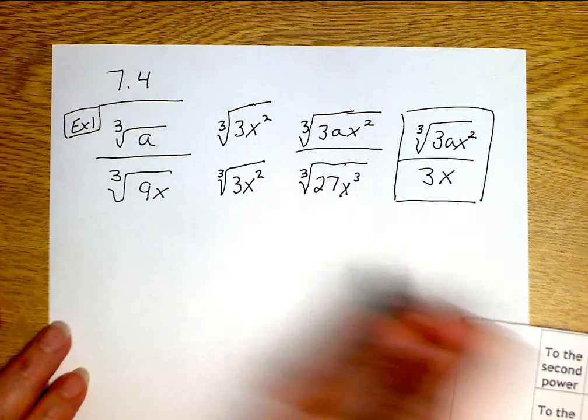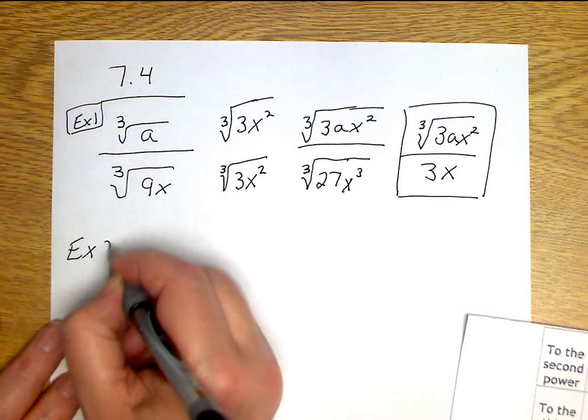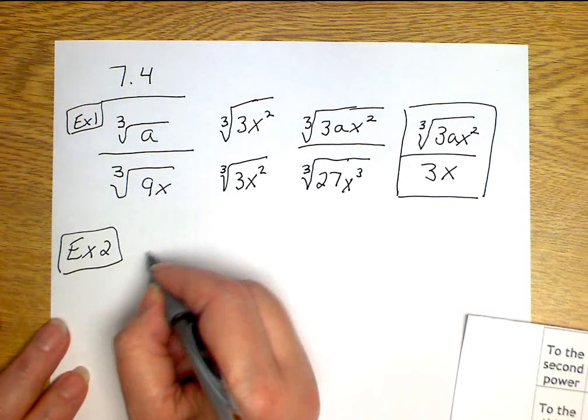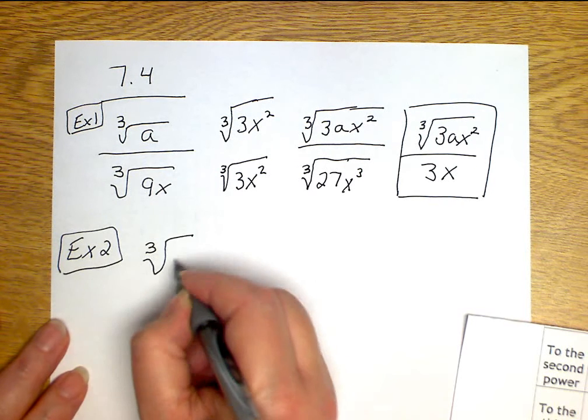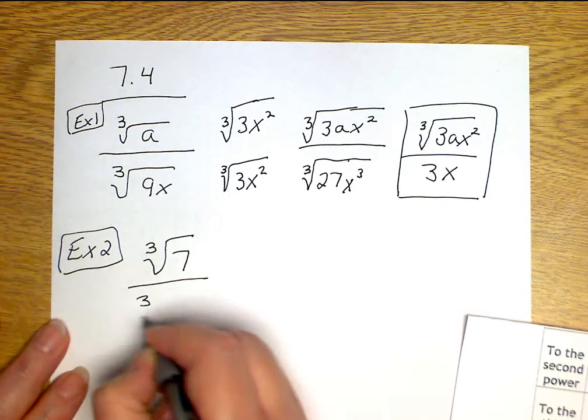Example 2. So, you have the cube root of 7 over the cube root of 2.